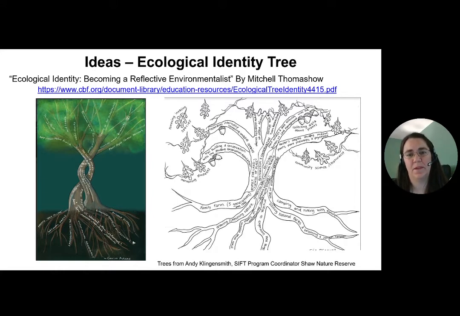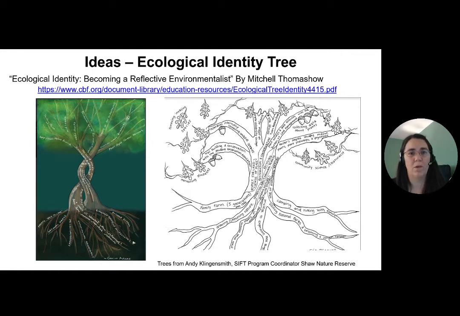And Andy Klingensmith, in this talk that I saw him give about this, expressed how the way students put together their tree is varied and different and personal. And this ecological identity tree is really a reflection of your relationship, your personal relationship with nature. So the roots should represent the roots of your environmental behaviors and relationships.